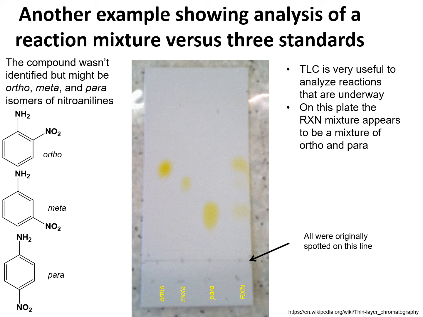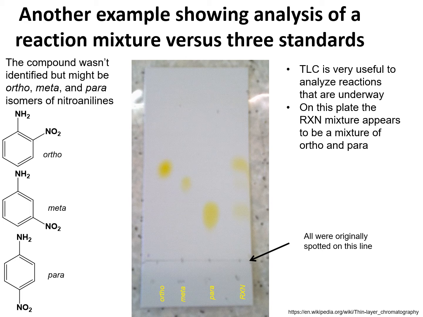The three spots to the left are pure compounds. When this TLC ran, you see that the yellow spots of the unknown come parallel to the yellow spots of each individual pure compound, which makes it easy to tell which compound is which.